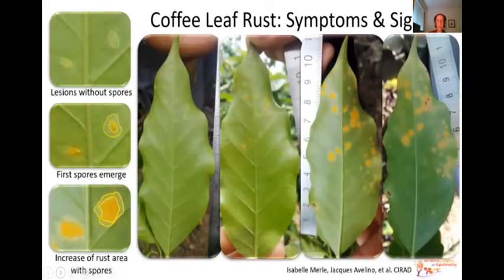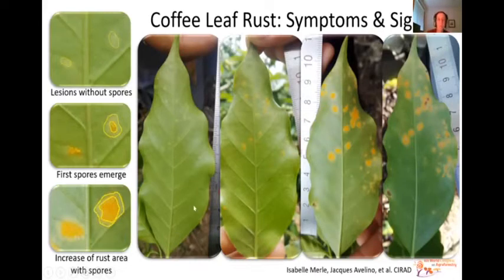Okay, now this is kind of important because people are asking, well, what does it look like early? And it can be very confusing. So I found some great pictures by Jacques Avellino's group. I know he will be speaking to Hawaii next week, but I thought this was a good set of slides to show because this is actually the same leaf over time.